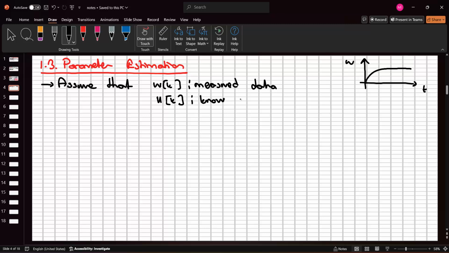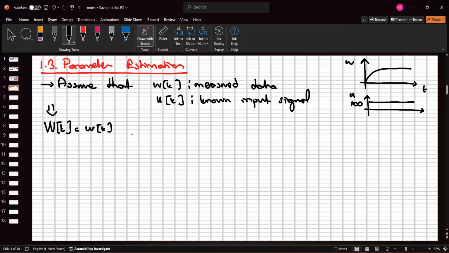This is the known input signal, which means that in order to create these values, for example, u is assigned a 100 PWM rate, and we should assign these values. And then in order to build our model, the bigger w(k) is assigned the smaller w(k), and the bigger u(k) is assigned the smaller u(k), right? Because the smaller u(k) is the known input signal.